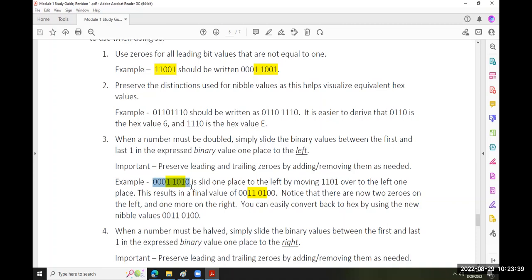I cannot slide to the right anymore because I have a non-zero value on the rightmost boundary of the number range. When I try to slide to the right, the 1 drops off the planet, it evaporates, and I lose part of my number value.